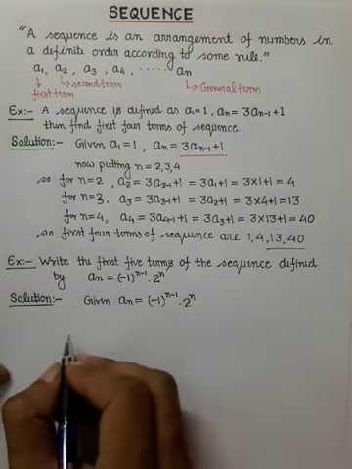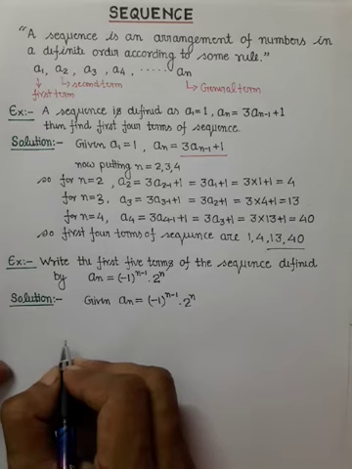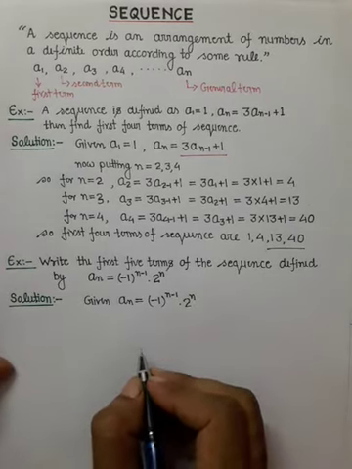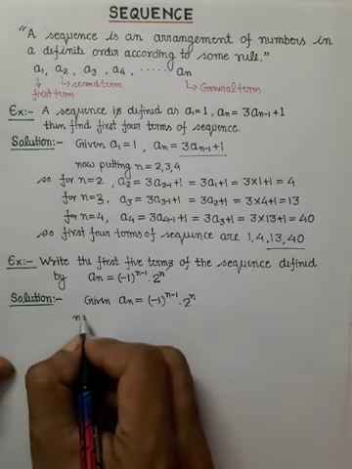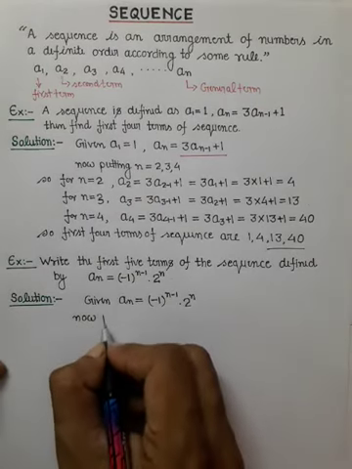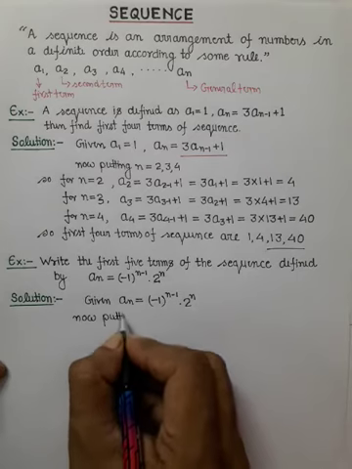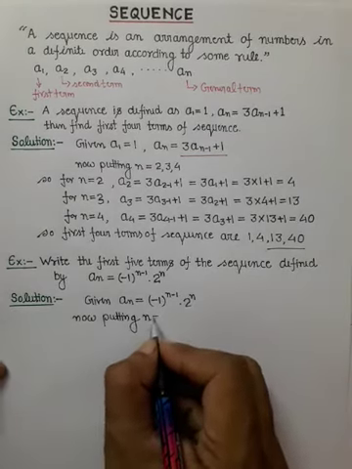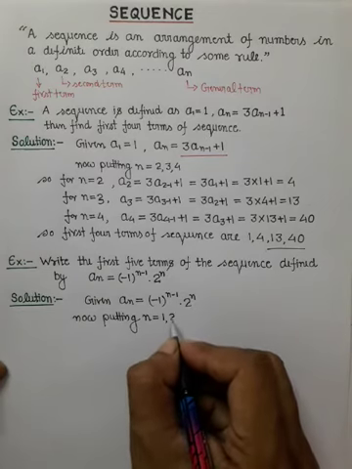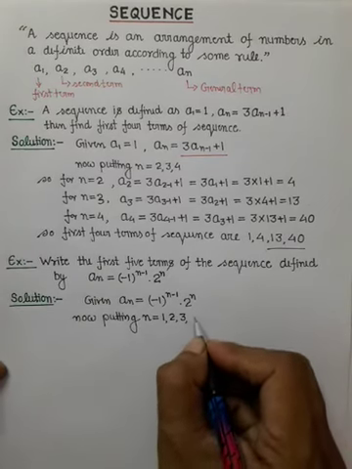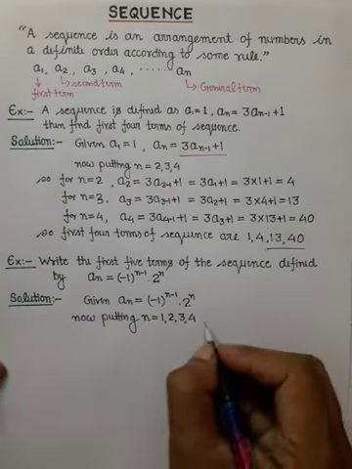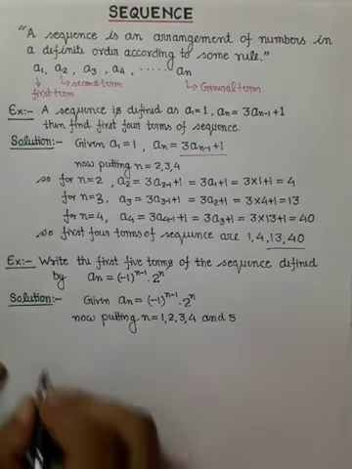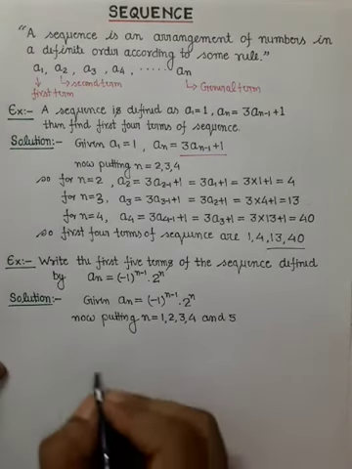Now for obtaining the first 5 terms we will put the value of n as 1, 2, 3, 4 and 5. So now putting n is equal to 1, 2, 3, 4 and 5. So for n is equal to 1 what will we write?